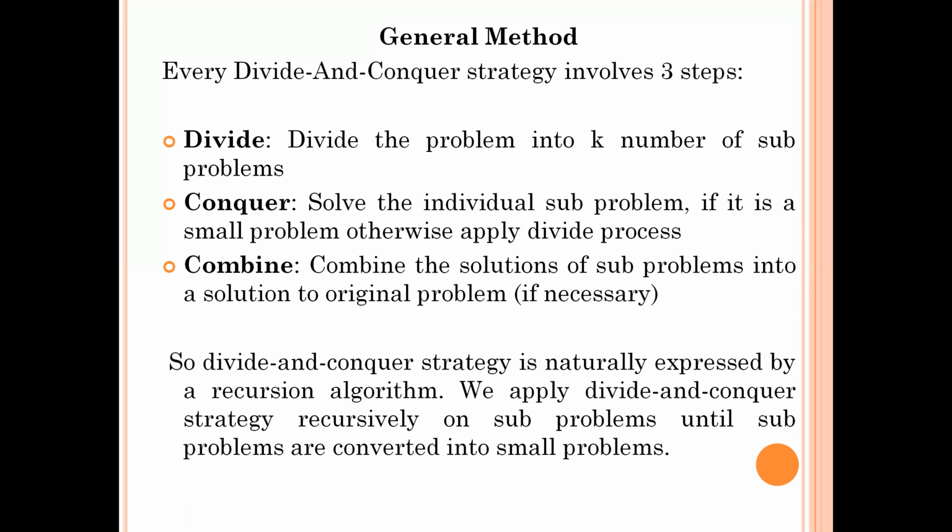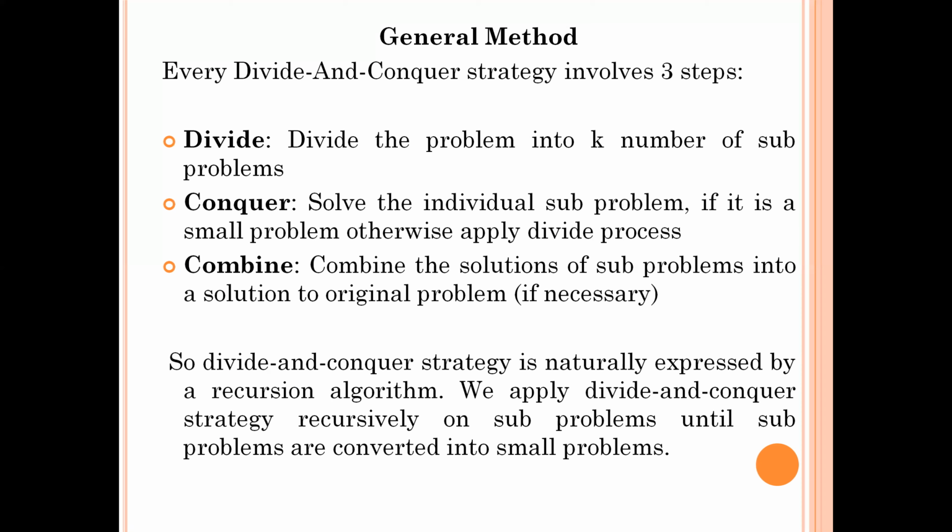Here, you have divided the problem into small problems. It may be 1 level or 2 levels or so many levels. Finally you got so many small problems. For those small problems, in the conquer step, you have solved all of them, that is, you got the solutions for all the small problems.